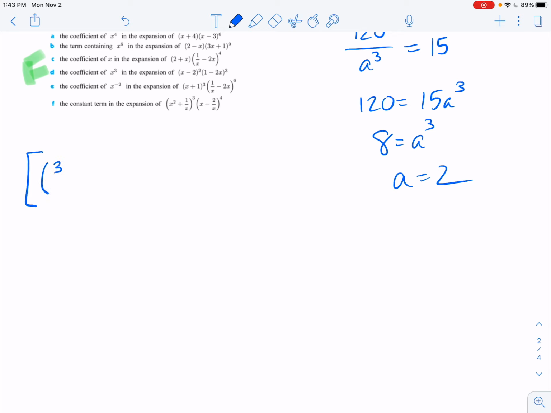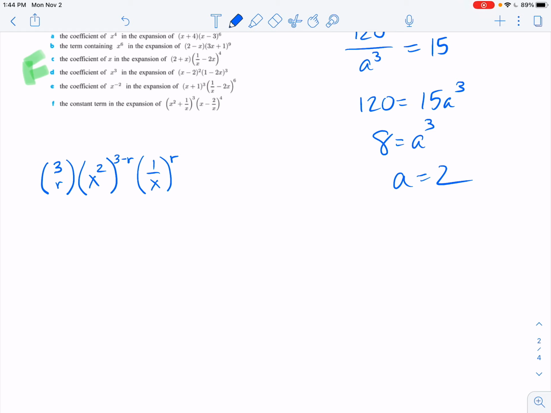So this is 3 choose, we'll use r here, and then times x squared to the 3 minus r, and then 1 over x to the r. Okay, hang on. What I forgot to do is I forgot that it's the sum.